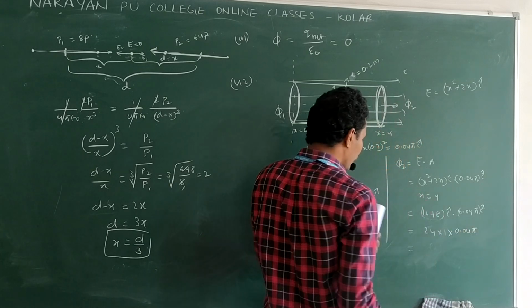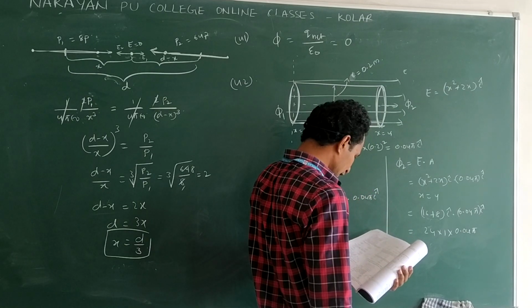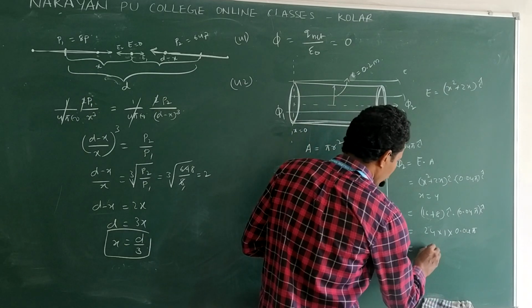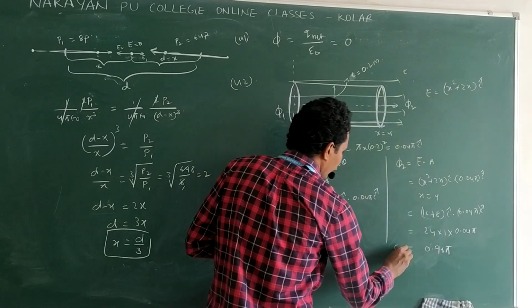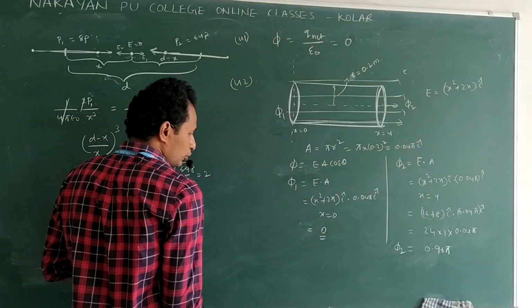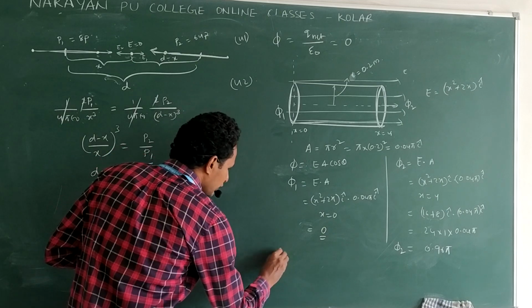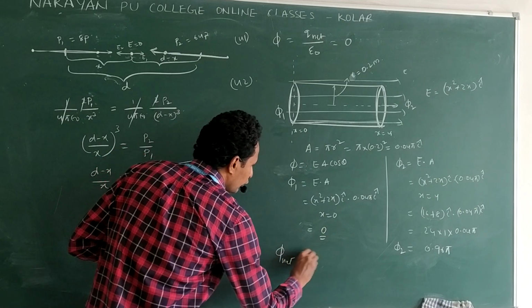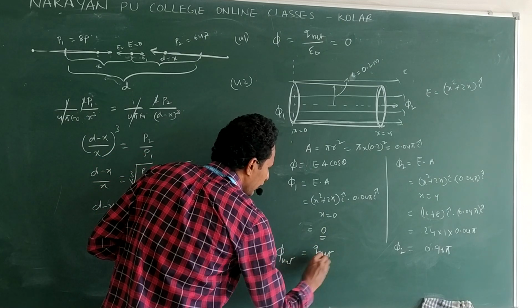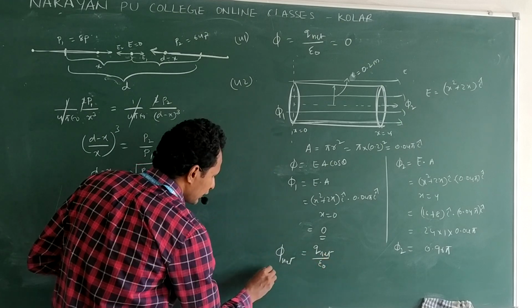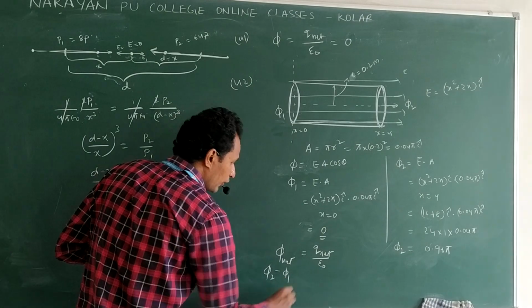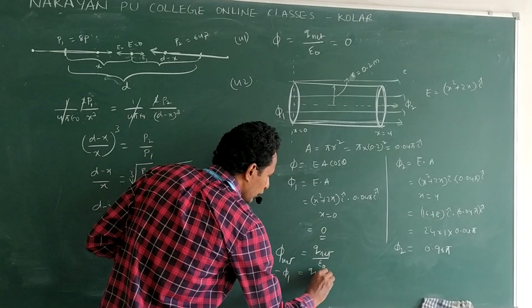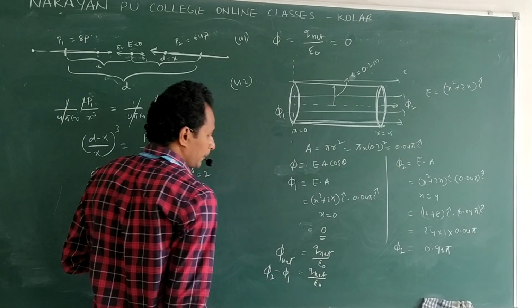If we multiply, what do we get? We will get 0.96 pi. This is phi 2. According to Gauss law, what is that? Phi net is equal to Q net by epsilon naught. Phi net is outgoing flux minus incoming flux, equal to Q net by epsilon naught.